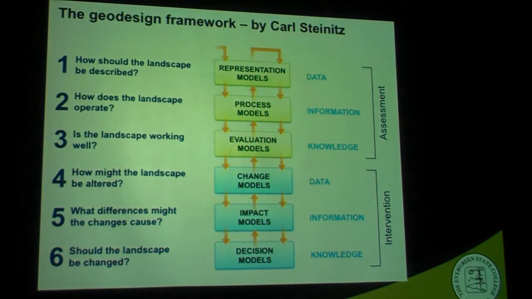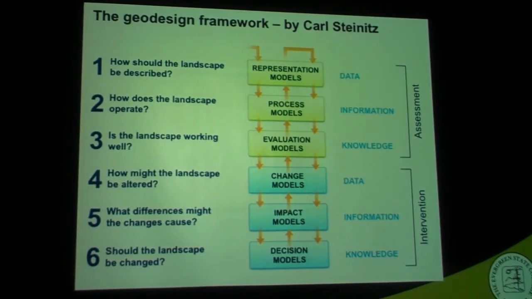So this is the basic workflow of geodesign. And when we talk about maps and creating GIS data models, we think about representation models. So that's what you guys were looking at today. What's the land cover? Is it, and you ground truth it, is it indicative of what's really there? Process models, those are things that might change the land cover.